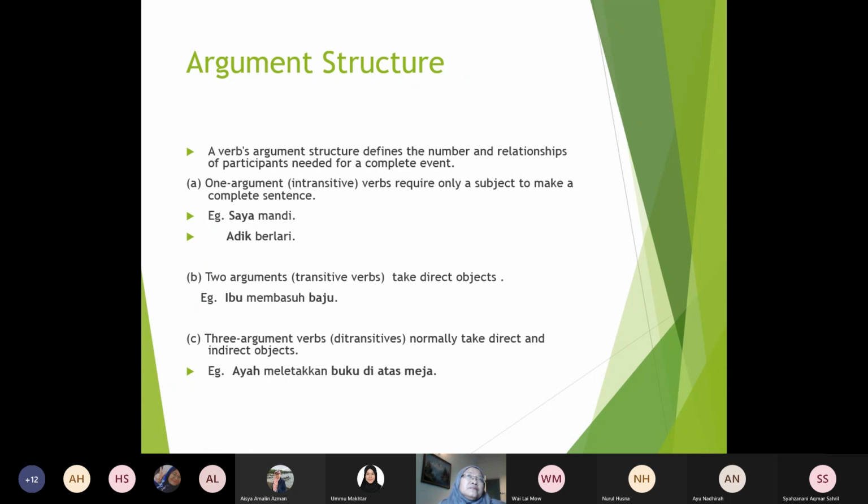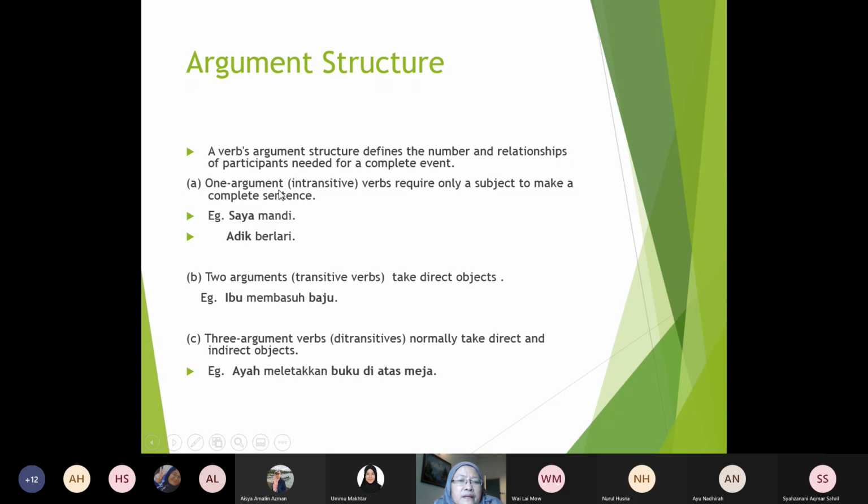Normally verbs have argument structure. Actually, prepositions have argument structure. Not many, but yeah. A verb's argument structure defines the number and relationships of participants needed for a complete event. So the number of noun phrases, the number of arguments and relationships of participants needed for a certain event.